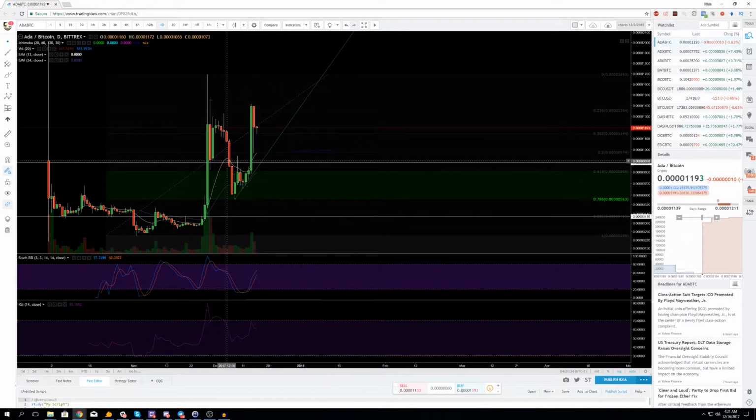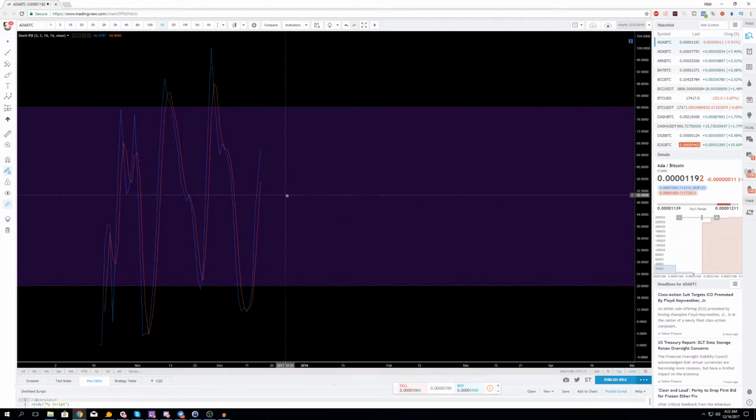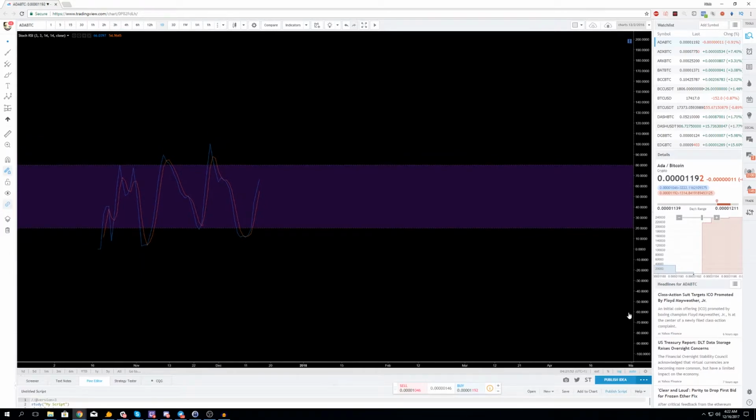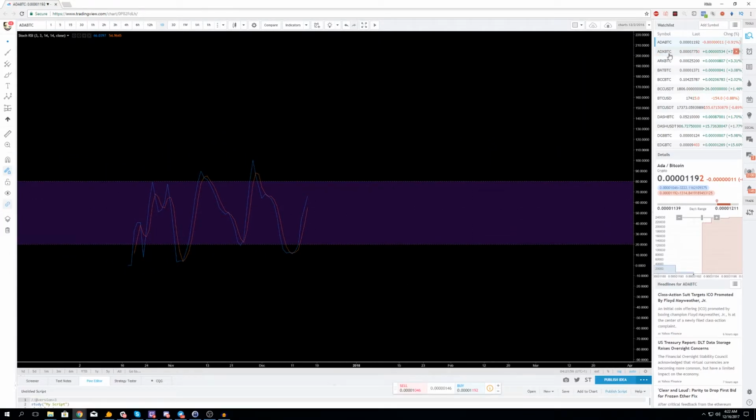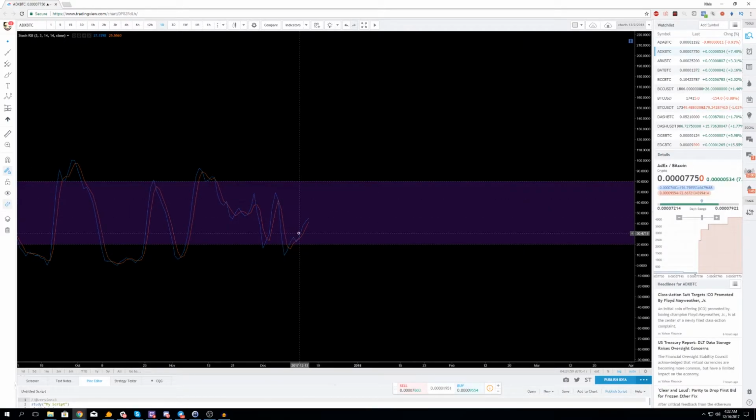Because we also had, on a smaller time frame, a double bottom 2 times and then up. But we'll do another video for double bottoms, guys. For now, we're just talking about the stock RSI momentum. So yeah, ADA is looking okay. Let's take a look at ADX.